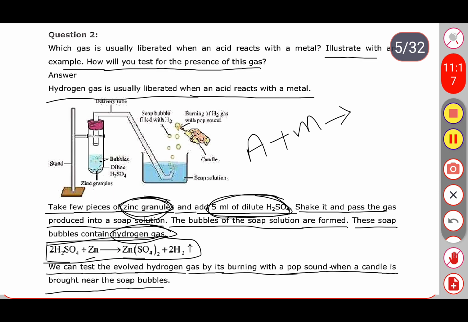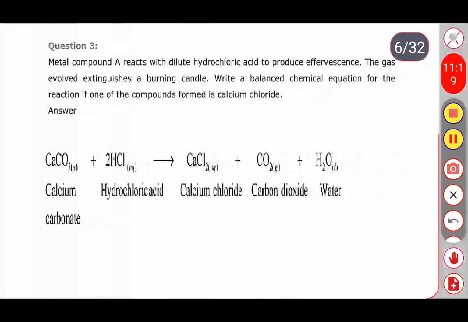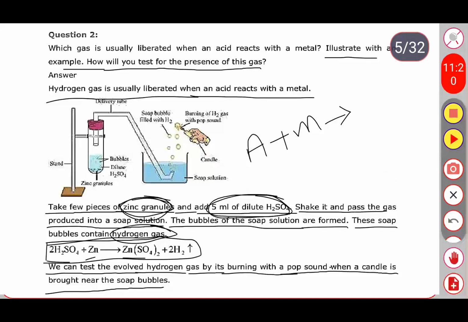Here in this image you are observing that we take some zinc granules and add the diluted H2SO4. So bubbles are formed in the test tube.